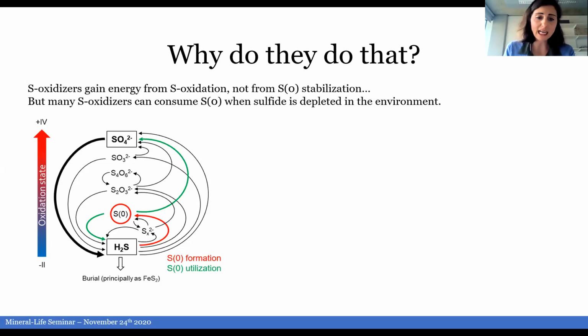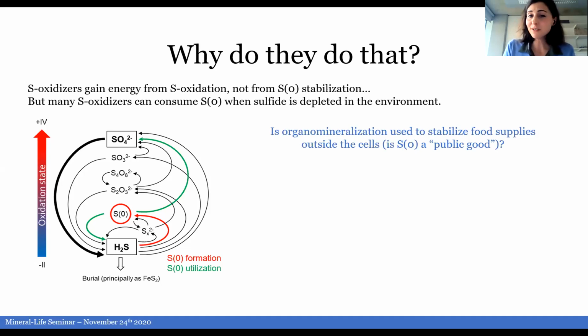Here I'm highlighting again the different ways that elemental sulfur can be used by different microbes: oxidation, reduction, or disproportionation. Sometimes the same bacteria that oxidize sulfide to elemental sulfur, when the sulfide is depleted in the environment, for example if redox conditions changed, can start consuming the elemental sulfur and further oxidize it to sulfate.